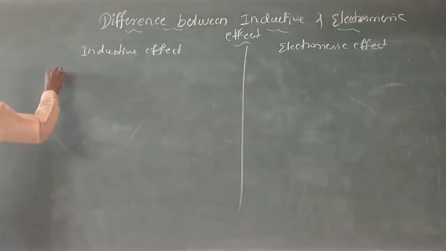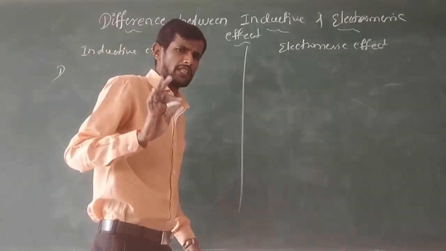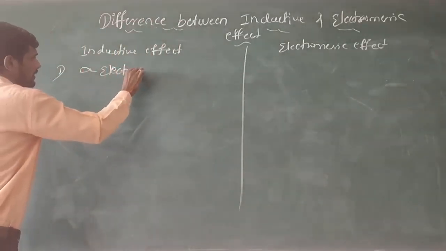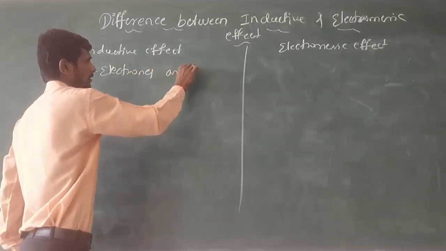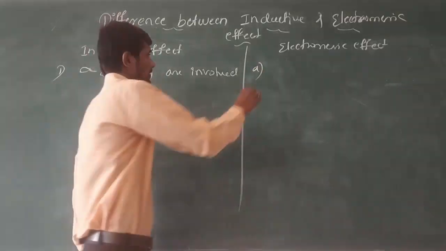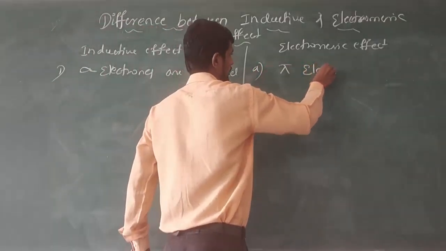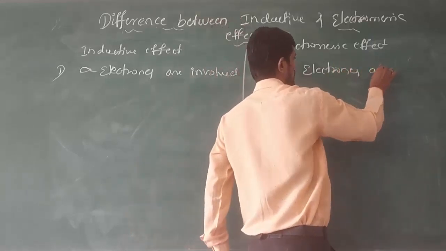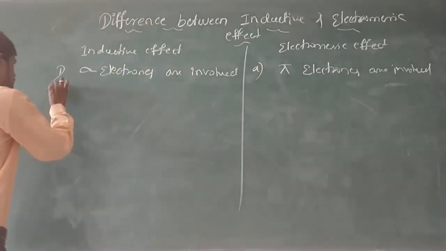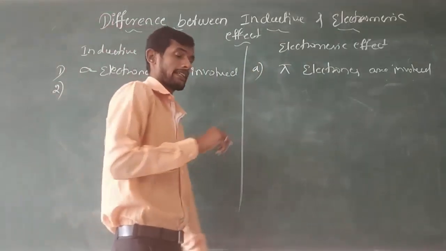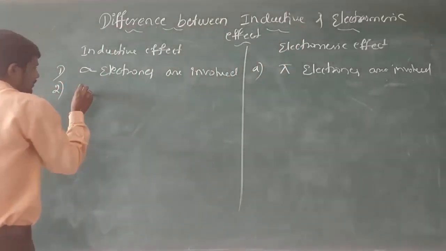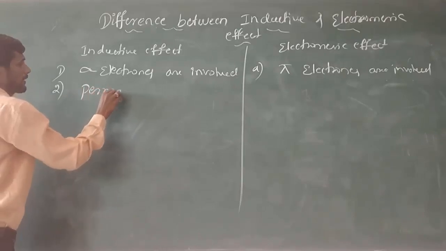Which type of electrons are involved in the inductive effect? Sigma electrons are involved. Is it right? Yes. And here, pi electrons are involved. Next, the second point: I already told you the inductive effect is a permanent effect.